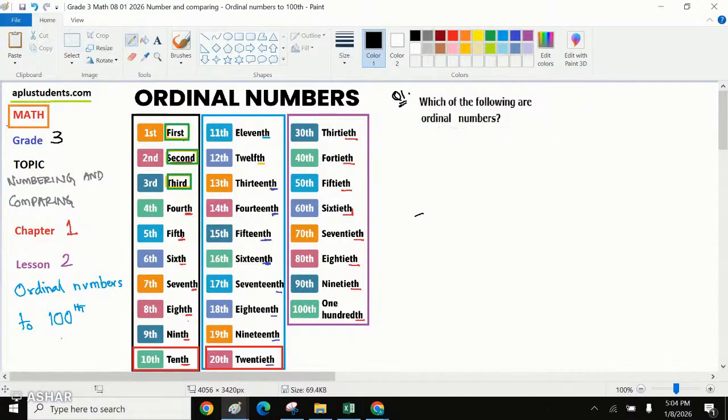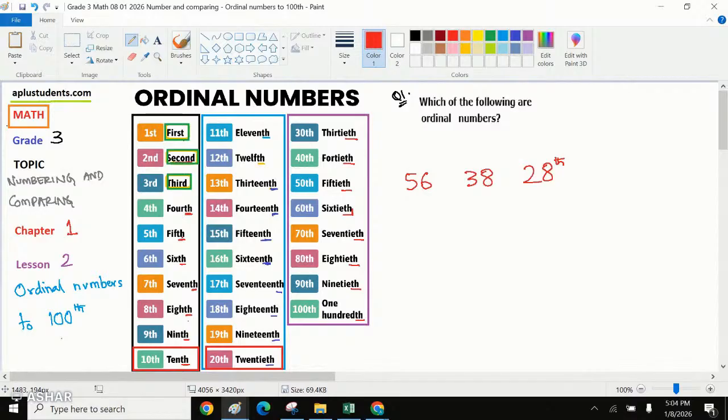The numbers given to us in the question are 56, 38, and 28.